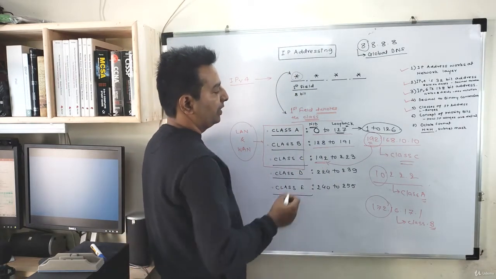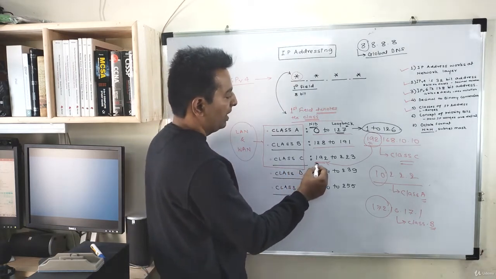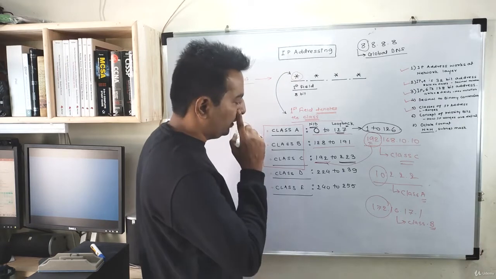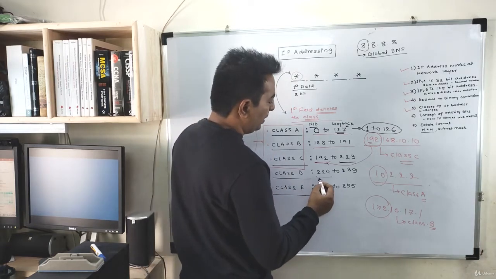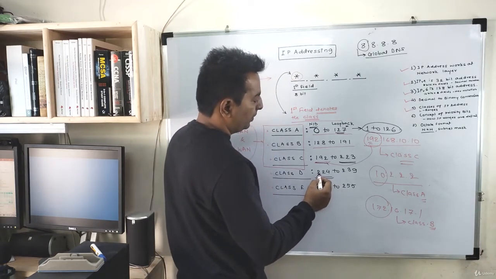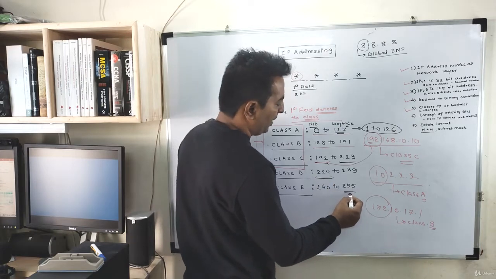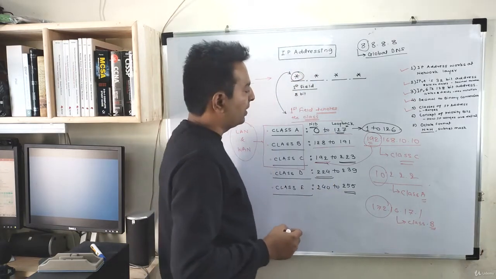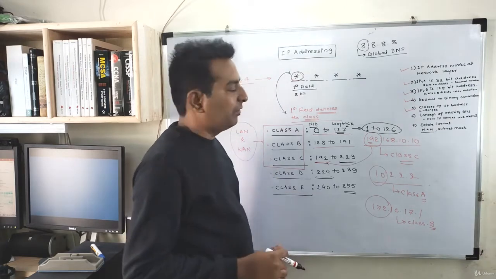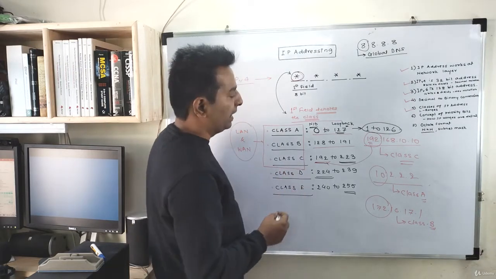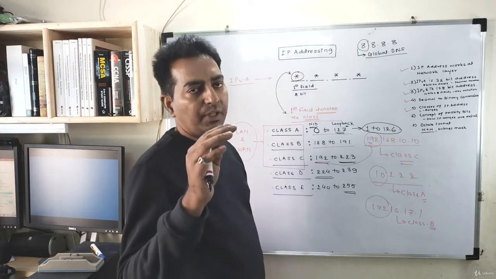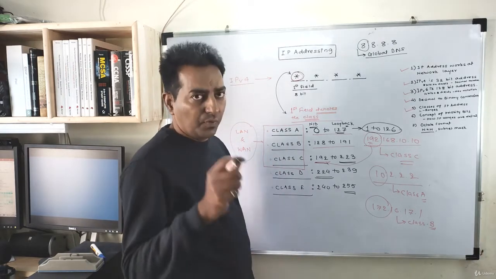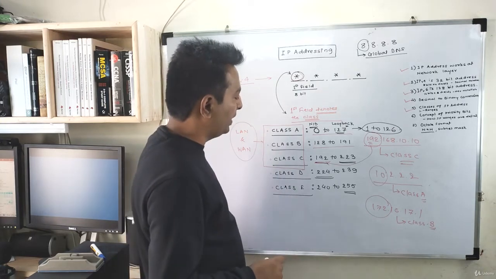Class B is going to be the same. Class C again, 192 to 223 is the range. But if you try to use a number from 224 to 255 in the first field of the IP address, your computer will simply not allow it. If you try, just open the network settings, right click, go to the network adapter, go to properties, and open IPv4 and click on the properties button.